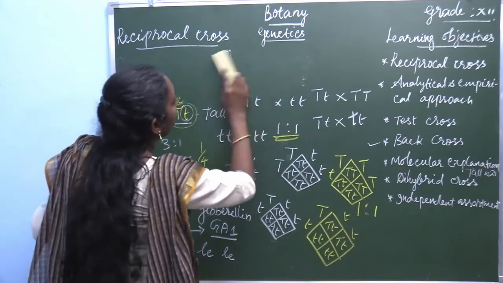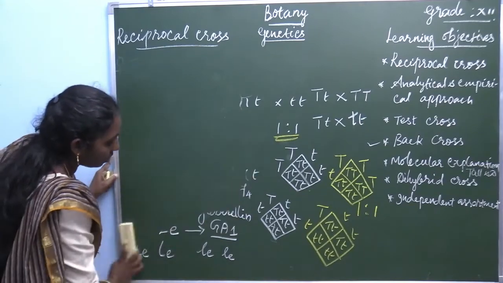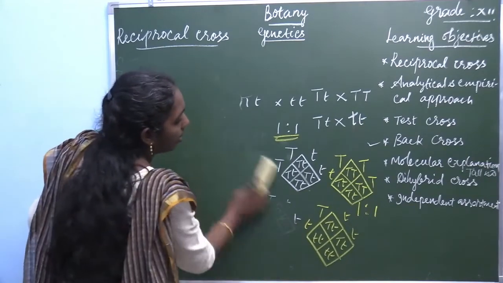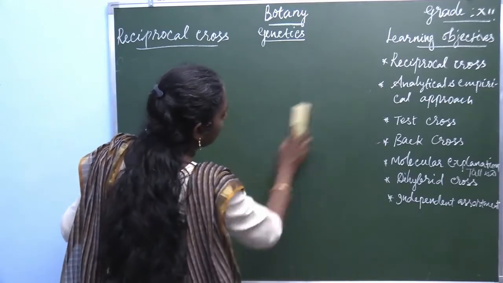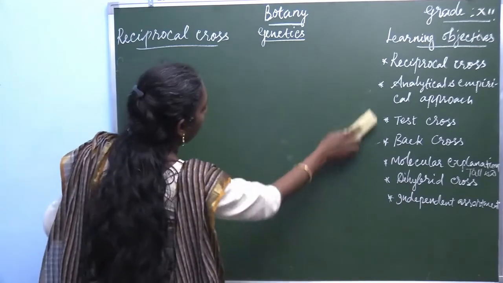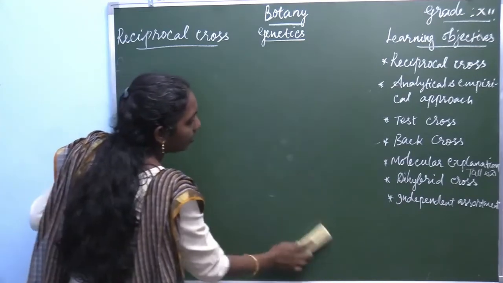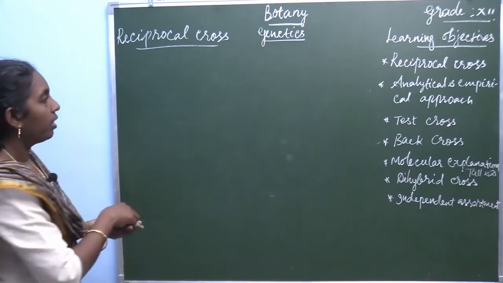But in dihybrid cross, two contrasting characters are selected. In monohybrid cross, there is only one character, a single trait, the height of the plant, tall and dwarf. But in dihybrid cross, di means two.